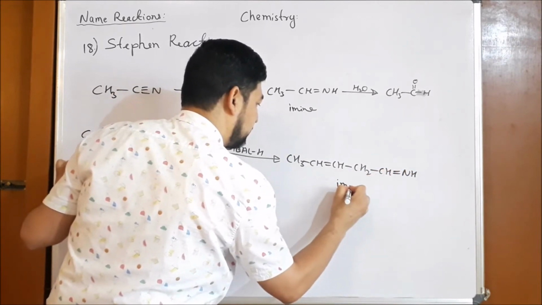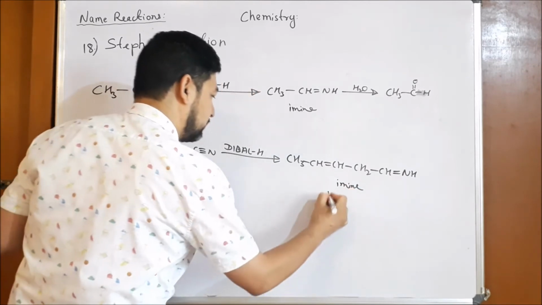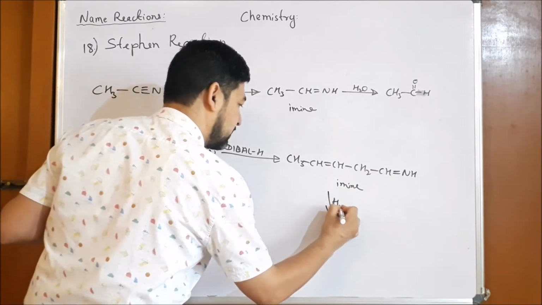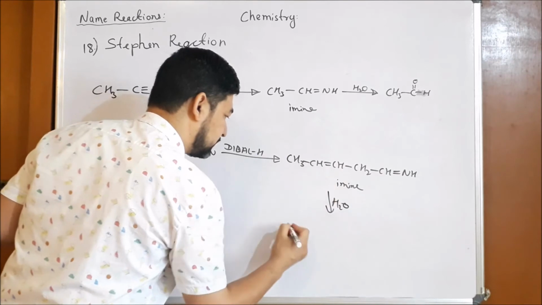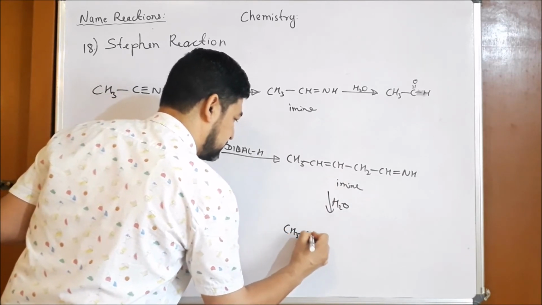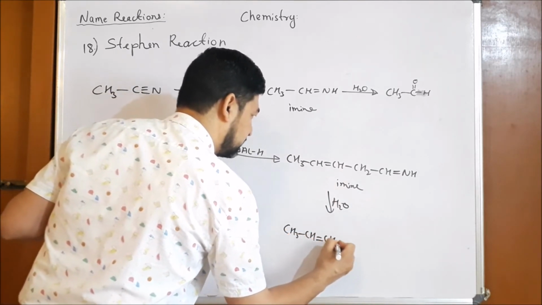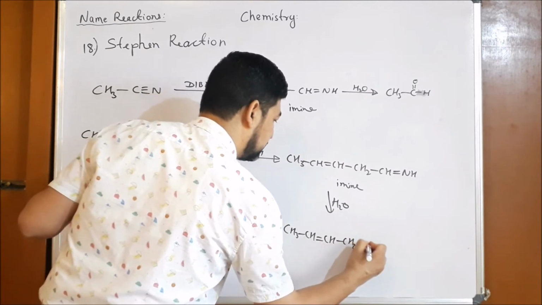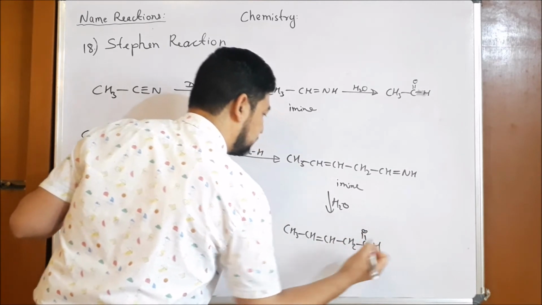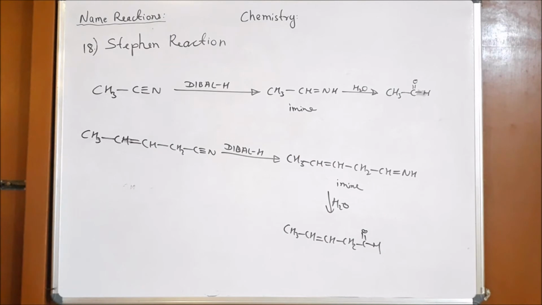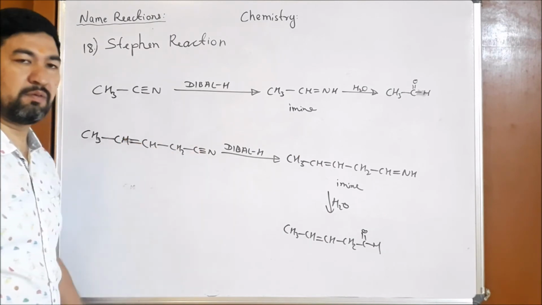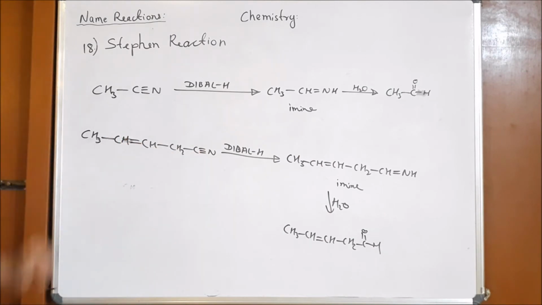This is your imine. When this is hydrolyzed with water, we get CH3CH=CHCH2CHO. So this compound will form. It does not affect the double bond here. So this is one of the important reactions.